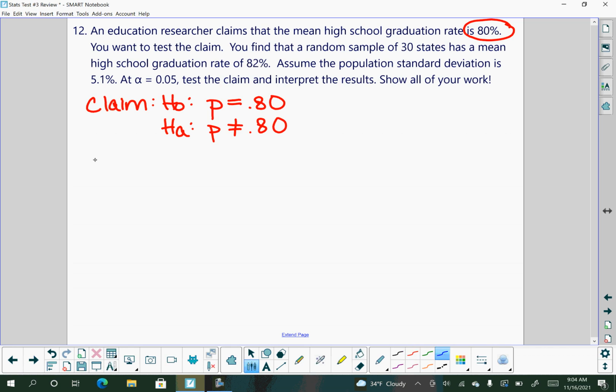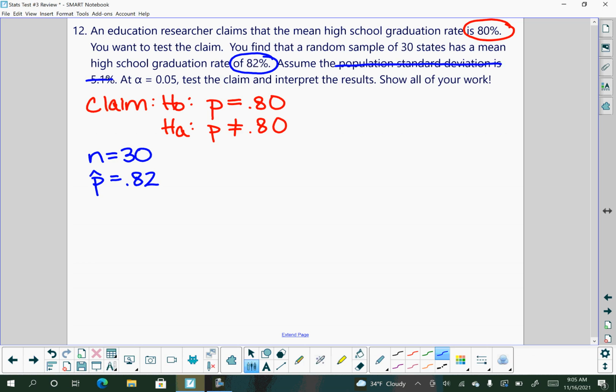Other important information, my N, my sample size, is 30. The mean percentage from the sample, so our sample proportion, our P hat, is 0.82. Population standard deviation is actually extra information in these problems.